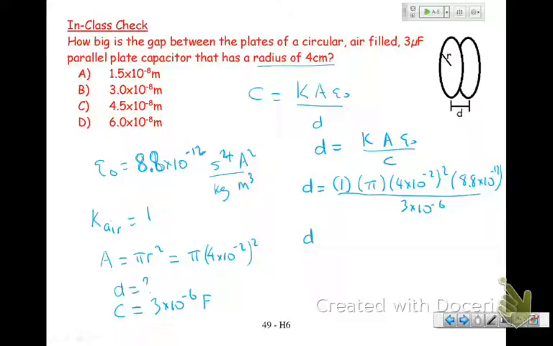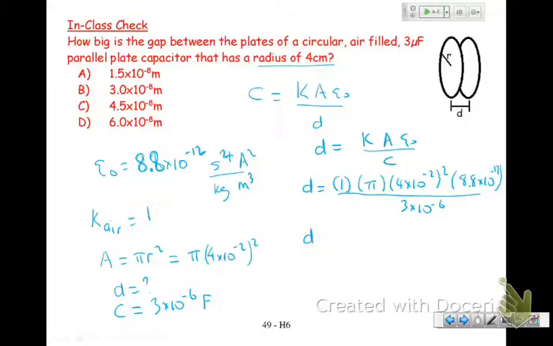I go 1 times pi times, and I'm going to do this the slow way, 4 EE to the minus 2, enter, times 4 EE to the minus 2, enter, times 8.8 EE to the minus 12, enter, divided by 3 EE to the minus 6, enter.